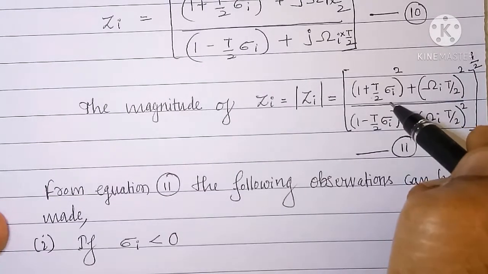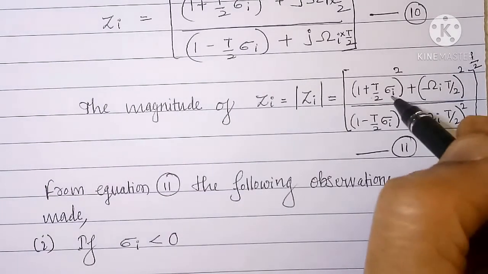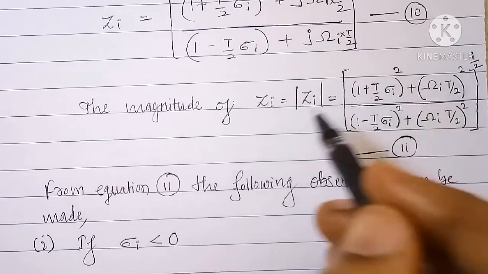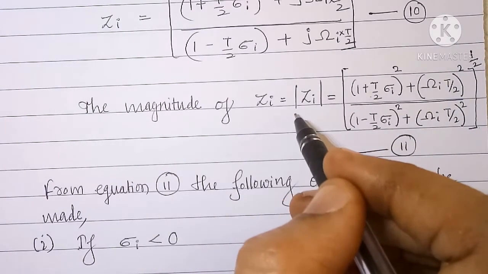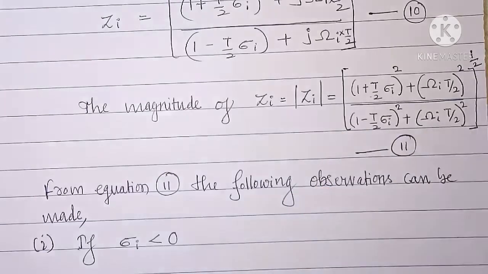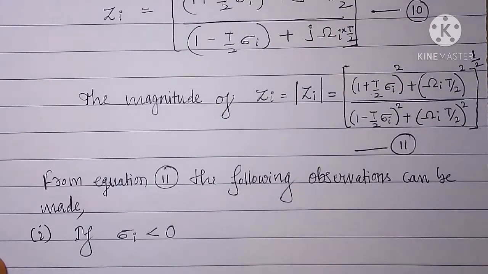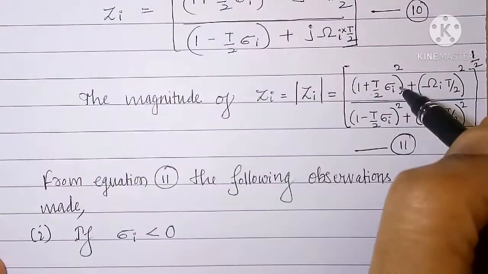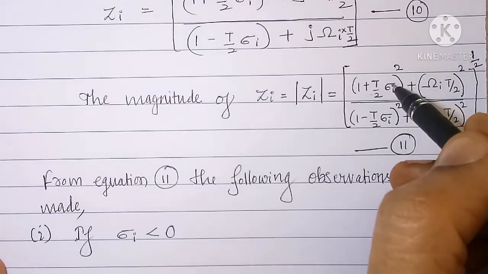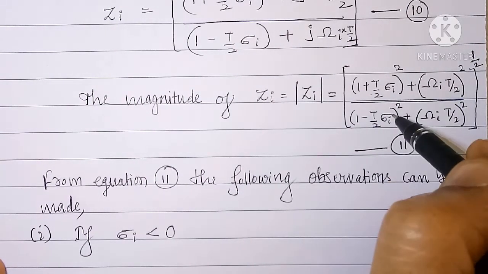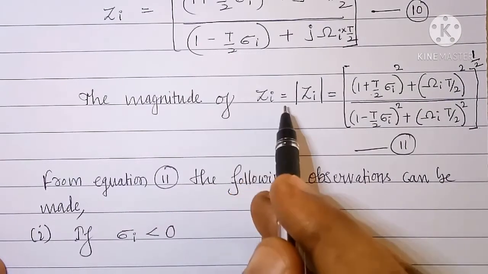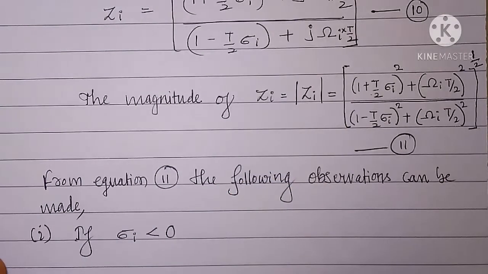What I get if I substitute for sigma I as negative in the expression for magnitude of Zi? By substituting for sigma I negative here and here, we get the magnitude of Zi less than 1.